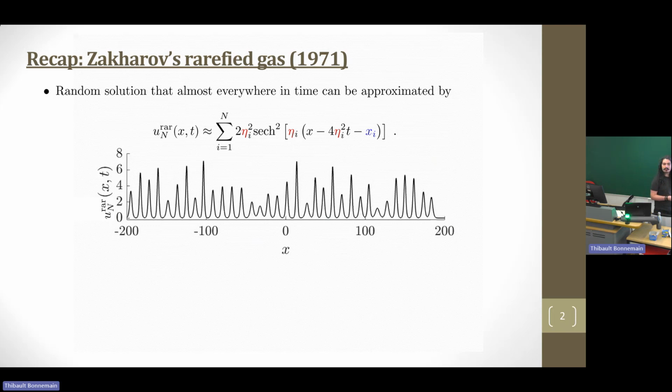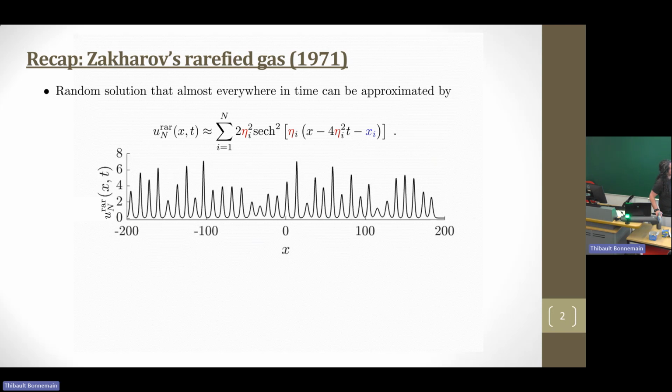It corresponds to a random solution of the KdV equation, but one that can almost everywhere in time be approximated as a train of well-separated solitons. Normally this approximation is only valid asymptotically, but here I put myself in a regime where it's valid at all times.